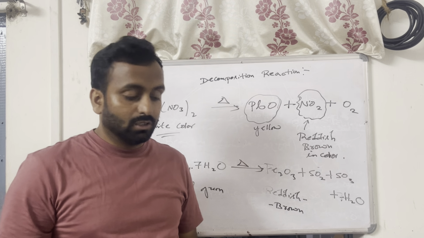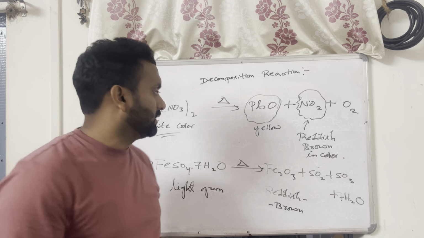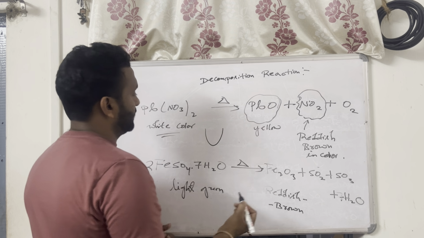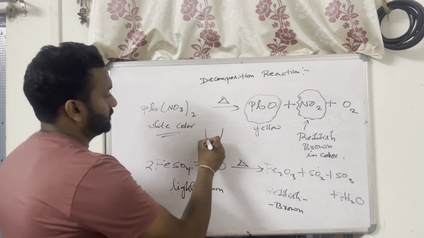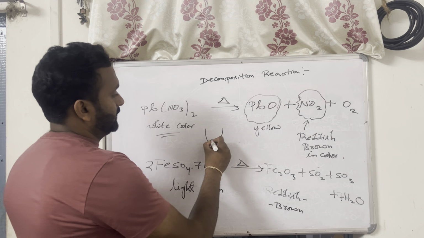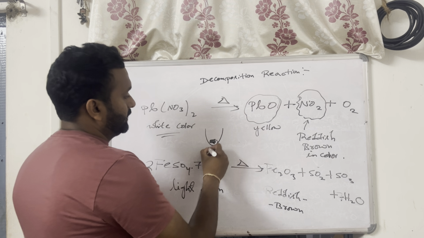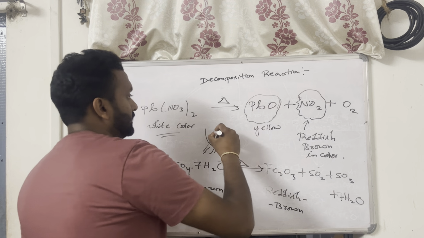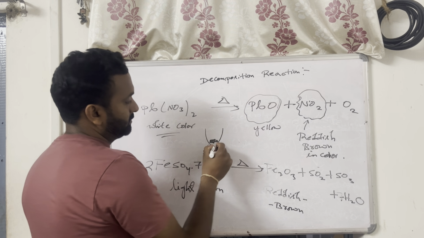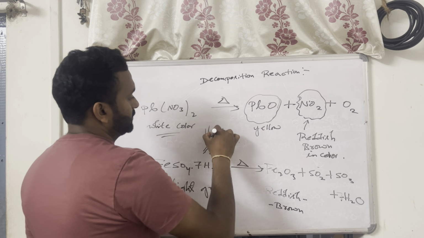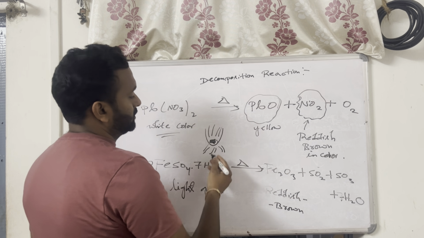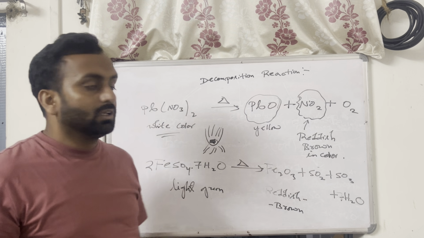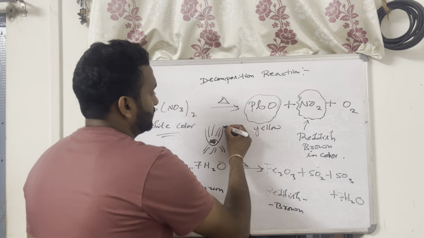But how do we know that? If there is a test tube or crucible, wherever we are heating it, let's say here we have lead nitrate. If we are heating lead nitrate from here, lead oxide will remain here, which will be yellow in color, but nitrogen dioxide and oxygen will come out. The color of the nitrogen dioxide is visible, it is reddish brown. But how do we test oxygen?